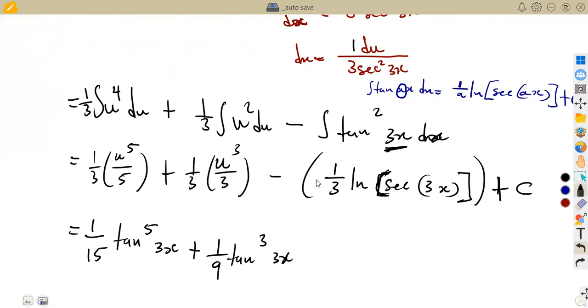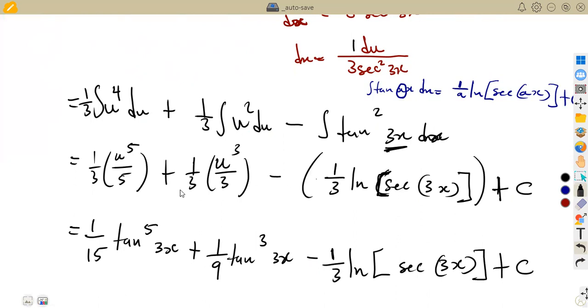Then this one multiplied by negative is going to be negative 1 over 3 ln of sec 3x, plus the constant of integration. This part is going to remain as it is. There's nothing that we can do. We cannot simplify any further from what we are given.